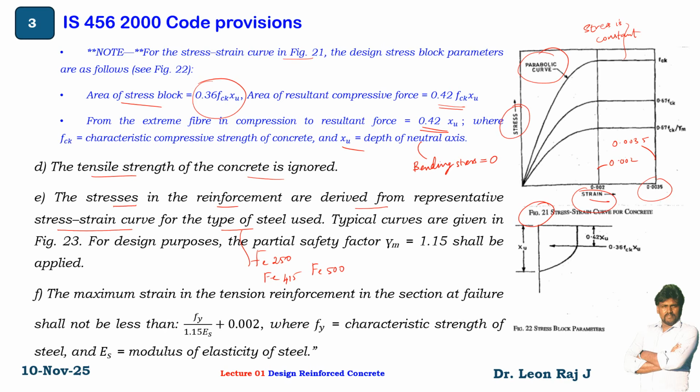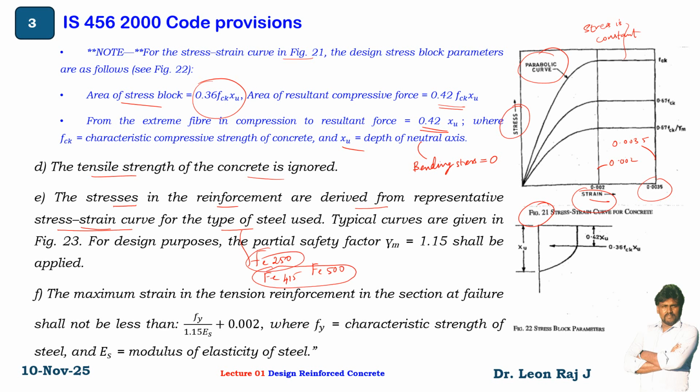For various types of steel, different stress strain graphs are available. For Fe 415 and Fe 500 there will be a similar stress strain graph, and for Fe 250 there will be a different stress strain graph.